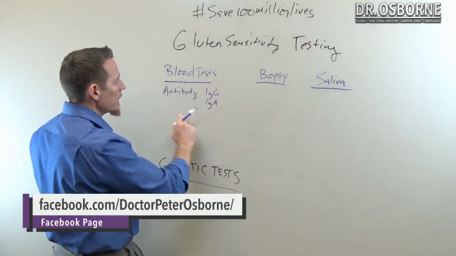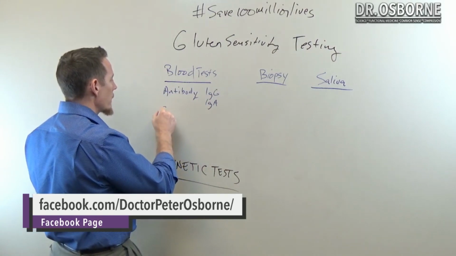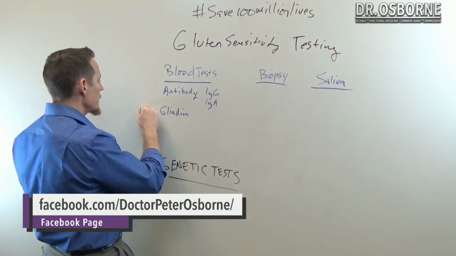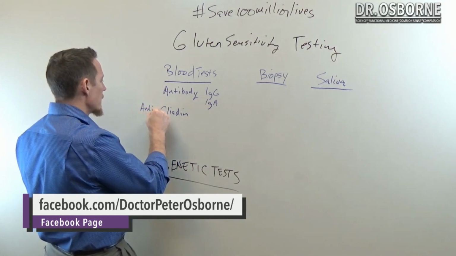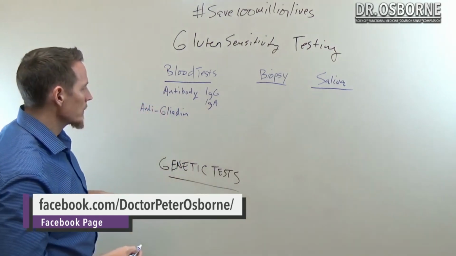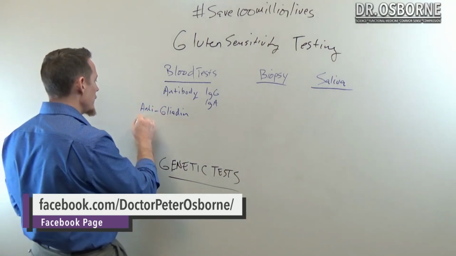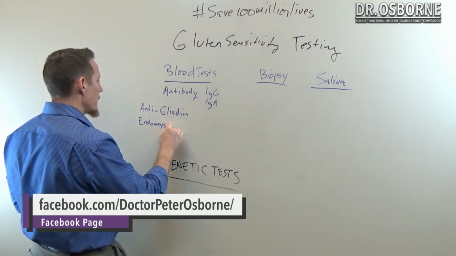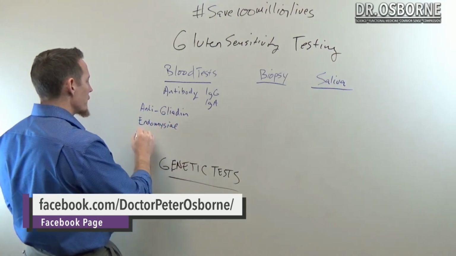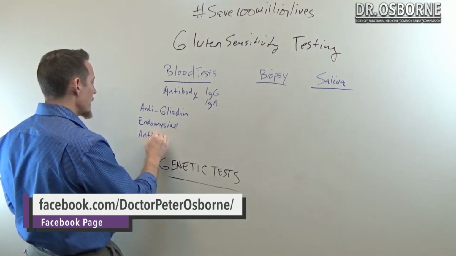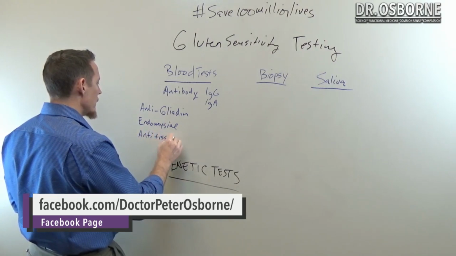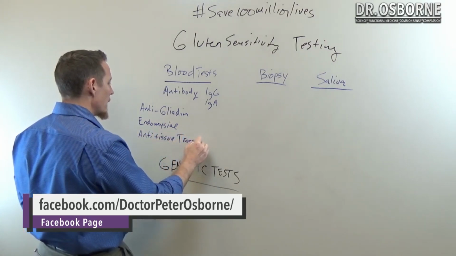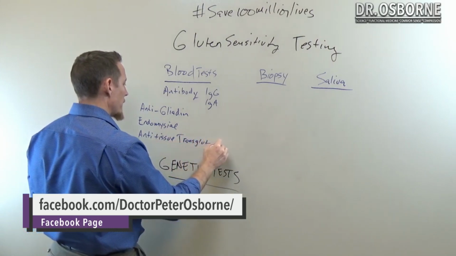Examples of antibody tests: there's a protein called gliadin, and the test is an anti-gliadin antibody test. We also have endomysial testing, which is also an antibody test. We also have anti-tissue transglutaminase, also an antibody test.